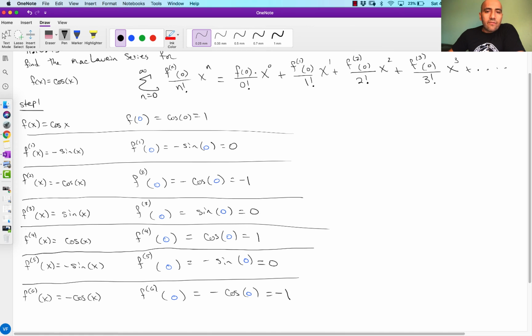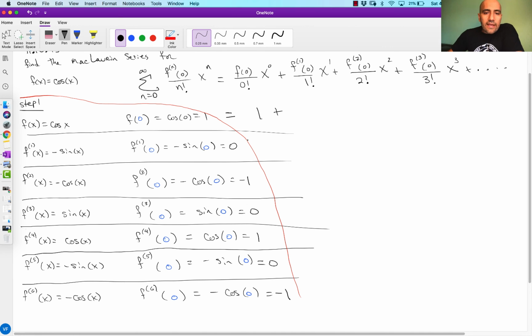Okay, but now f of 0 was a 1, so we're going to come in here and change each one of these. So let me separate this here. Now this is going to be equal to, f of 0 was just a 1, and 0 factorial is just 1. So this is also just 1, so it just starts off with 1. The next one is the real interesting one.